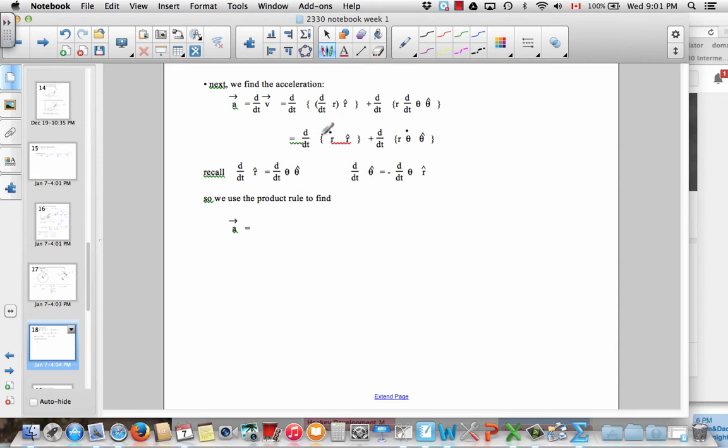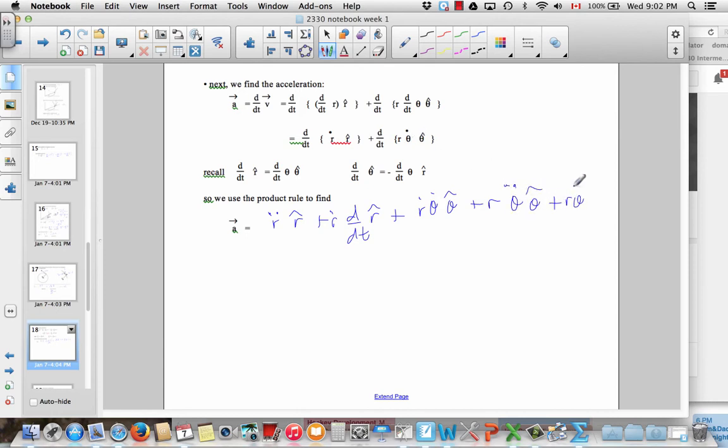We're again going to have to do the product rule here. First we'll differentiate r dot and get r double dot. Then we'll leave r dot constant, and we'll have to do the time derivative of r hat. Now here we'll have to do the triple product rule, which means just time differentiate them one at a time and leave the other two constant. So we'll time differentiate r first and leave the other two constant. We'll leave r constant and time differentiate theta.